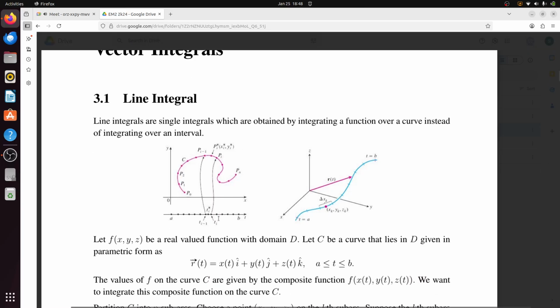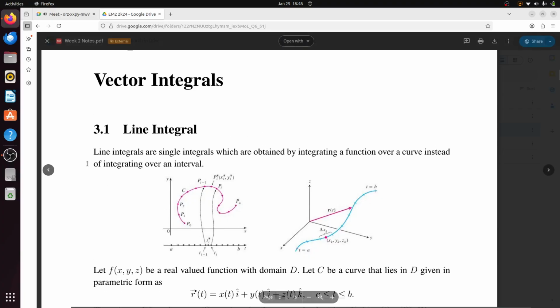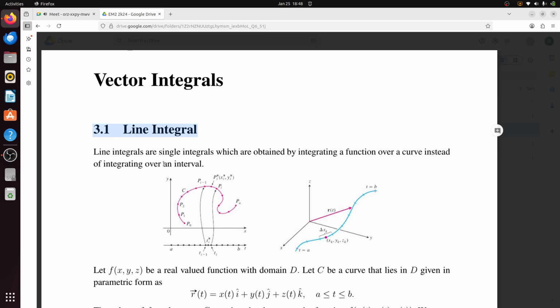I will start with the concept called line integral. Can anyone give a prominent example of a line integral where it describes some physical aspect?